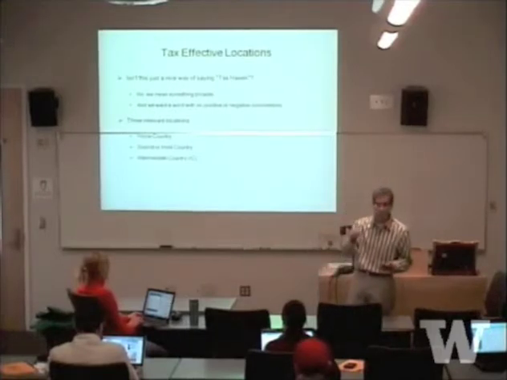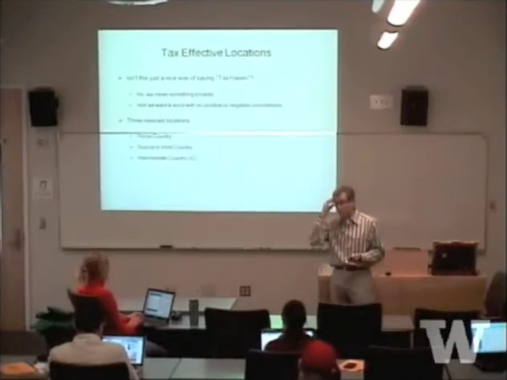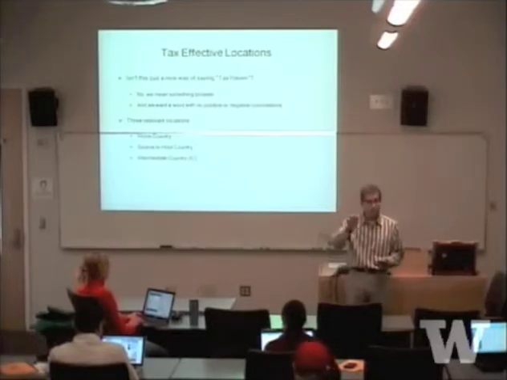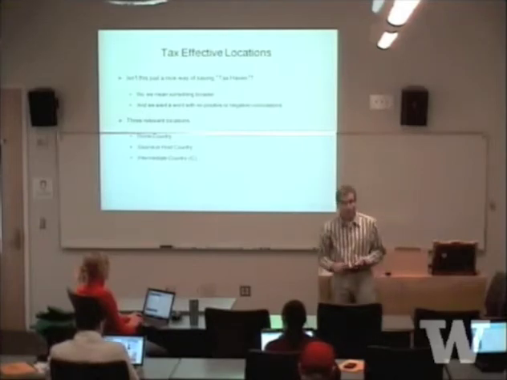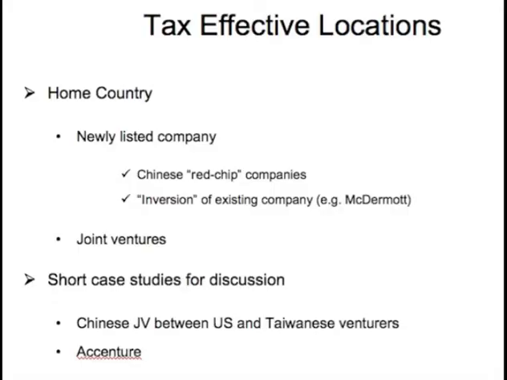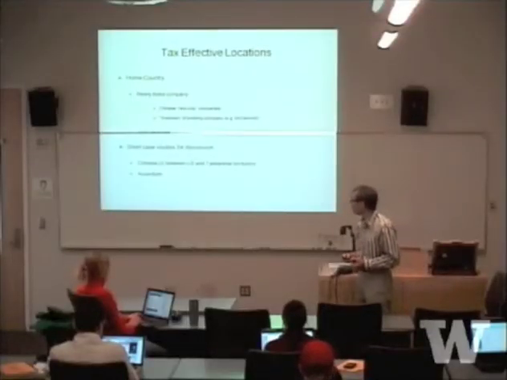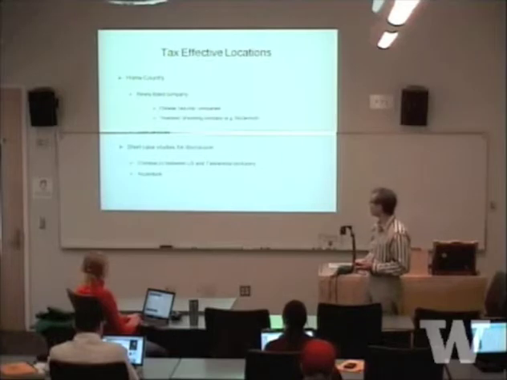Or thirdly, which is what a lot of people think of in this area, the intermediary company, which is in the middle between the home country and the country of operation. Home country, taking that one first.